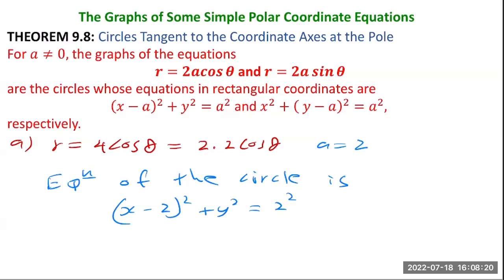If you graph this one, you should see a circle like this. As you can see, that circle is tangent to the vertical axis. All right, what about the second part?